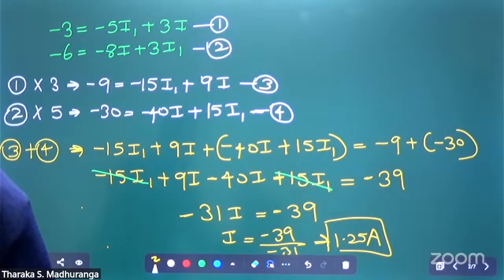Am I correct, Adisha? Not minus 1.25, Adisha.